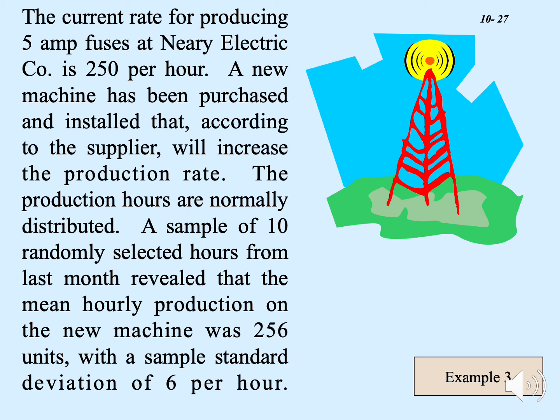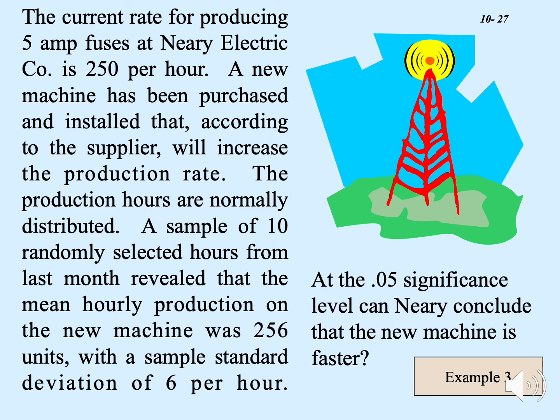Randomly selected hours from last month revealed that the mean hourly production in the new machine is 256 units, with a sample standard deviation of 6 units per hour. Okay, so at 0.05 level of significance, can Canary Electric Company conclude that the new machine is faster?